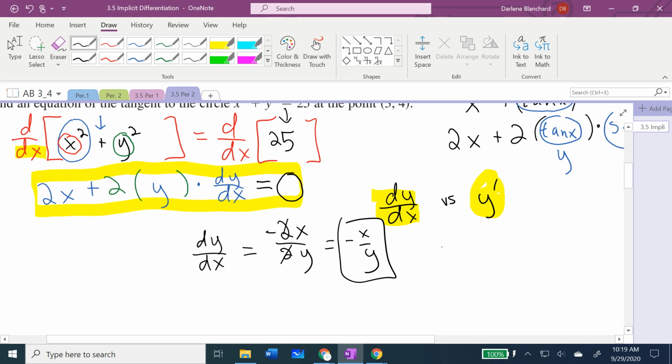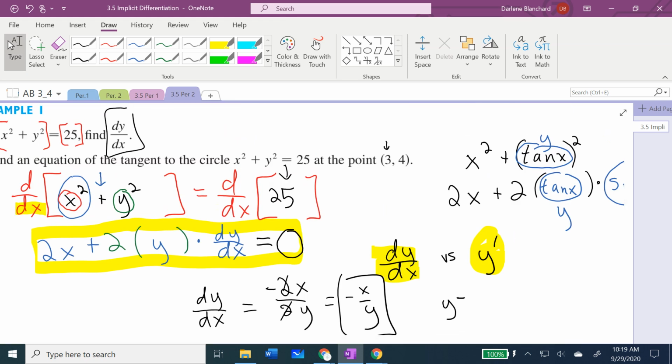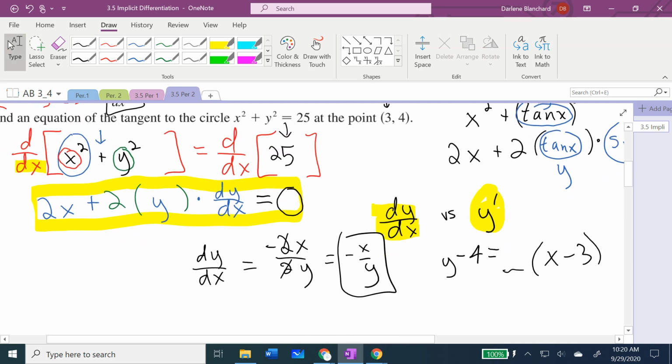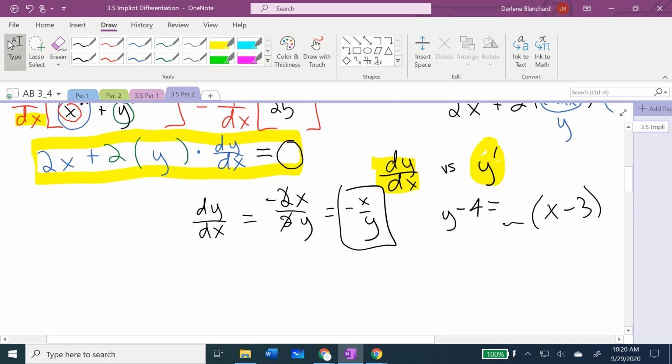So equation of tangent line, y minus the y coordinate. The y coordinate is 4 equals, I'll find the slope in a moment, x minus the x coordinate. And then for finding the slope, I'm just going to plug in x equals 3, y equals 4. And let me make sure you know about this notation.